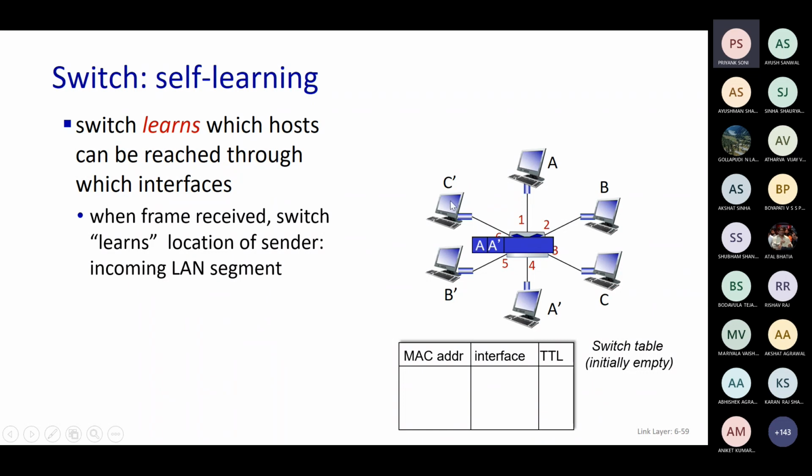First, the switch will have to learn the location of the sender. From the incoming LAN segment, it found that this frame has been received at interface 1 and its source address is A. So if it is coming from interface 1 with source MAC address A, this is the corresponding entry, and the TTL is 60 for that.